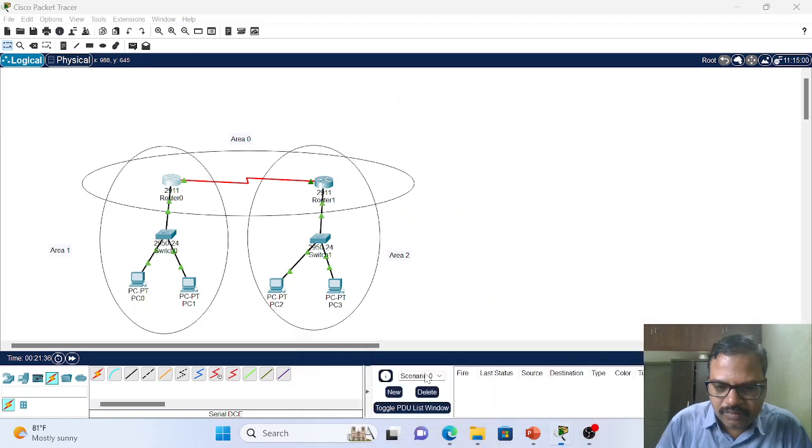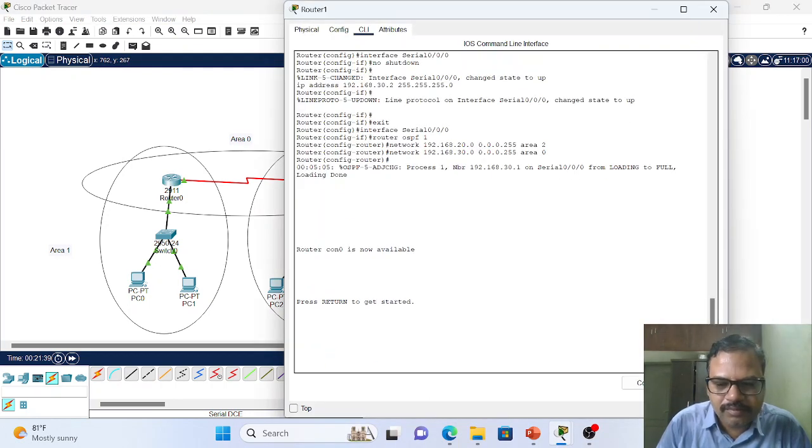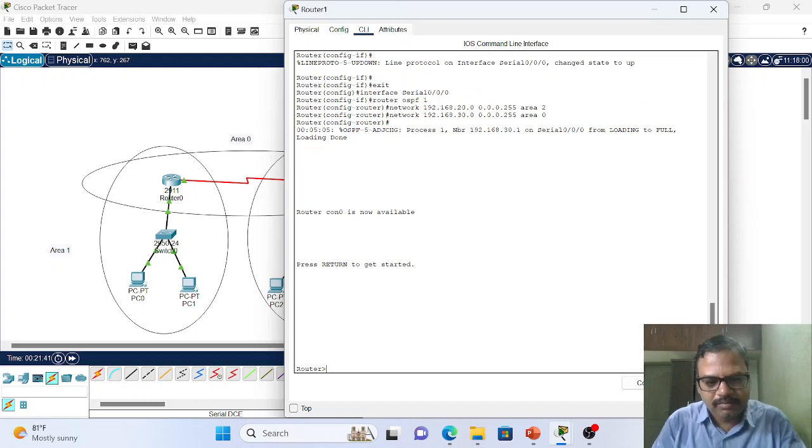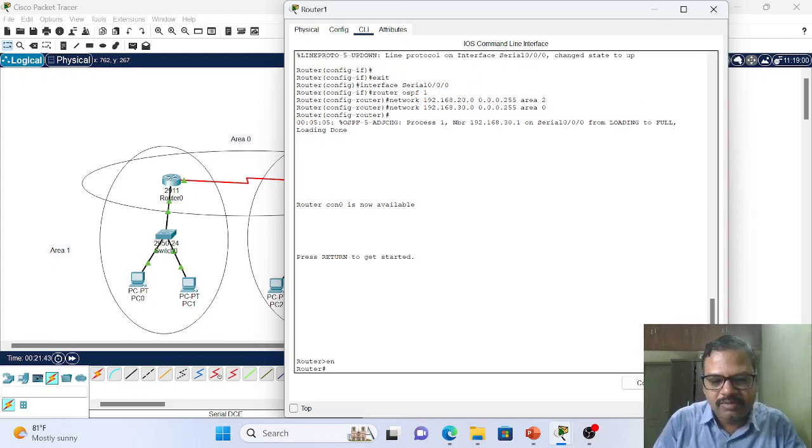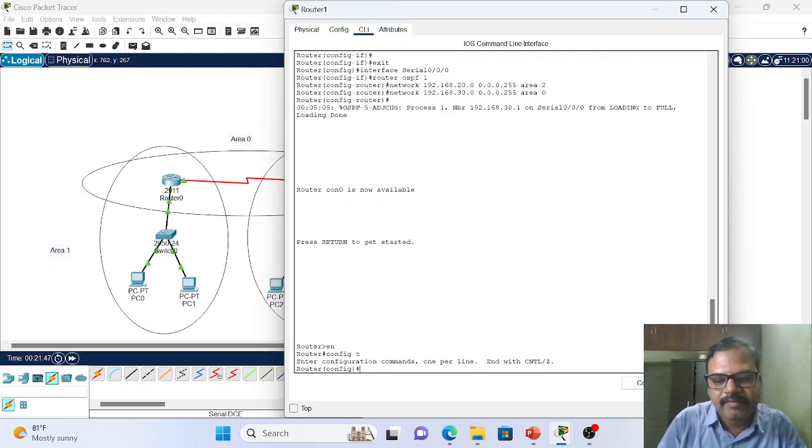Now we may go for router 1. Go to the root mode, enable, then config t. Now I have to specify what routing protocol we are going to use. Router OSPF. Do you remember the process ID? Yes, we have given process ID 1. So router OSPF 1.